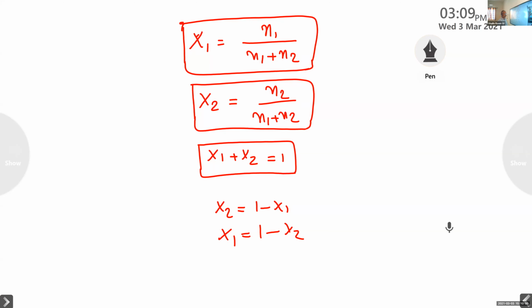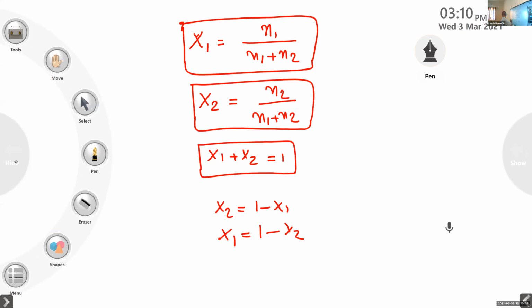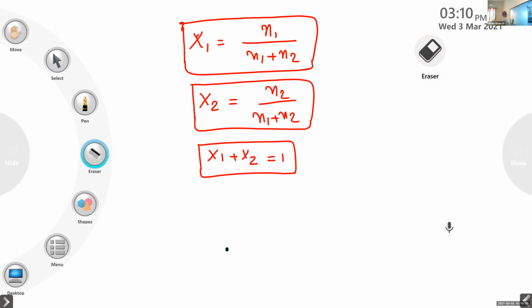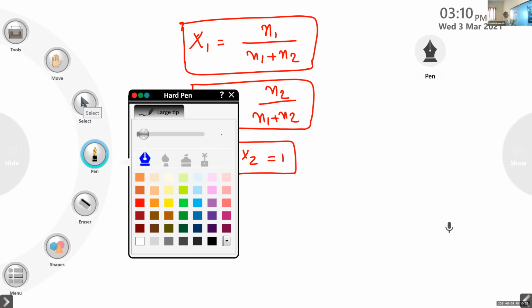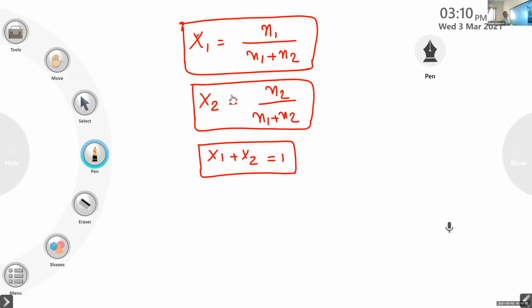Then what you have to do? We have to calculate the number of moles of each component. If the masses of the components are given to us, how can we calculate the number of moles? And there is an equation for that. Do you remember that equation?